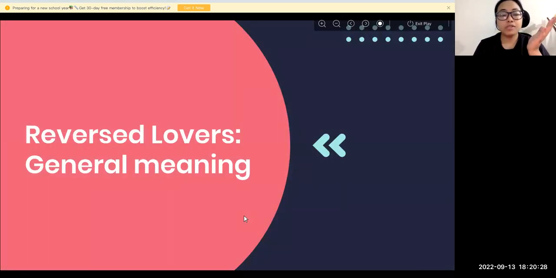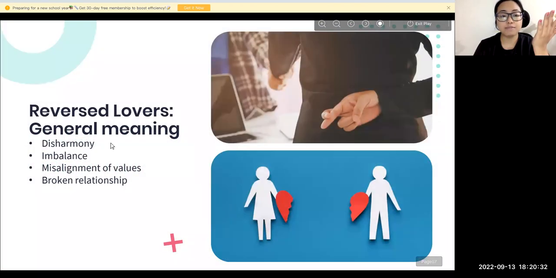Now, when the Lovers is coming in a reverse position, what is the general meaning? It means disharmony, imbalance, misalignment of values, and broken relationship. So if you really look at the upright position, Lovers signifies harmony, balance, correct? Loving relationship.